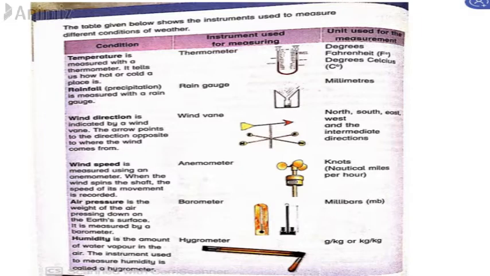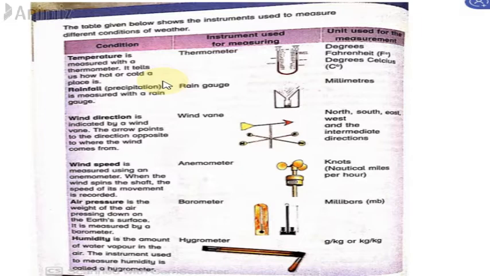So let's see the first one, temperature. Just like human beings have a temperature, air also has a temperature. The temperature tells whether a thing is cold or hot, or how it feels when we touch it.